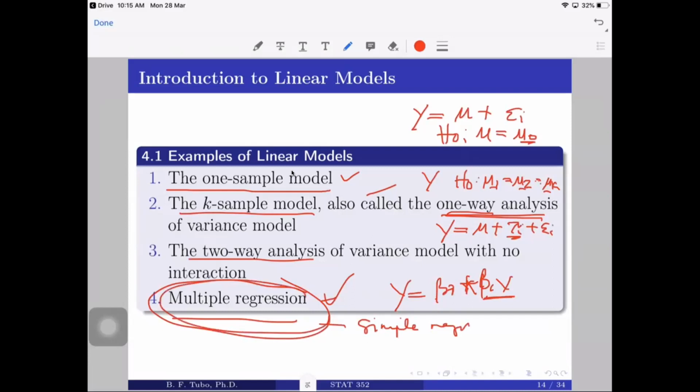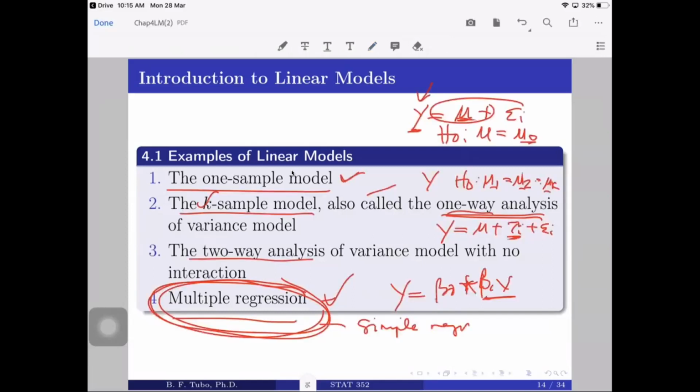So our focus here is more on the linear regression models. This one sample model is just a subset of the K sample, a special case where you are trying to explain your y as equal to an overall mean. That is the one sample model.